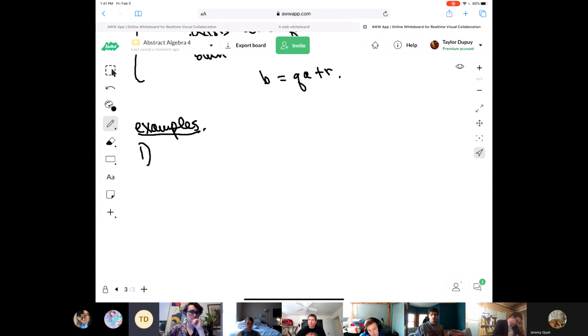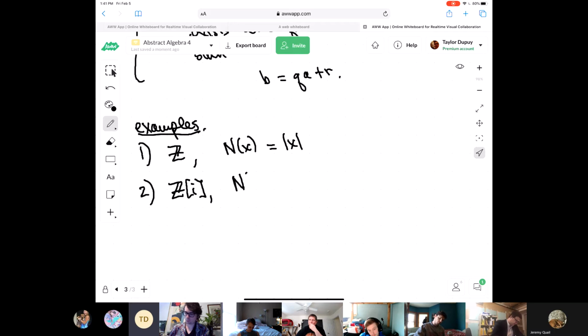Let's do three. One, the integers, using the normal norm, where the norm of x is the absolute value of x. Two, the Gaussian integers. Showing this one's a Euclidean domain is a little bit more complicated, and I'm going to leave this as an exercise.